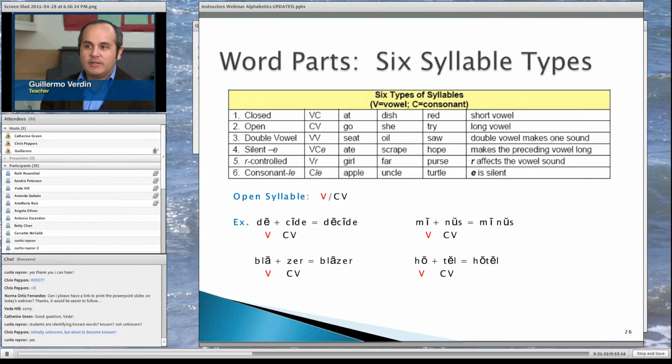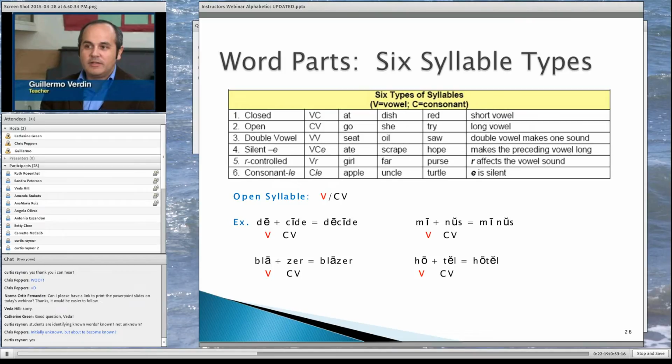The open syllable is the fifth syllable type, and this syllable ends in one vowel, and the vowel is usually long. Again, on the slide, you can see words that are made up of open syllables in combination with closed syllables. I want you to notice how these words are made up of parts, and these parts are syllable types.